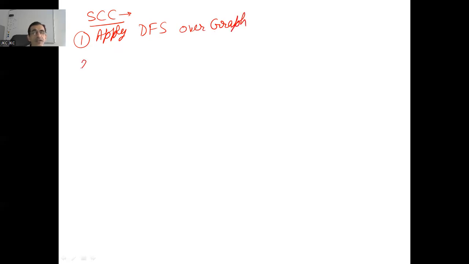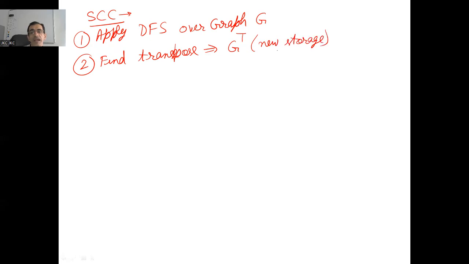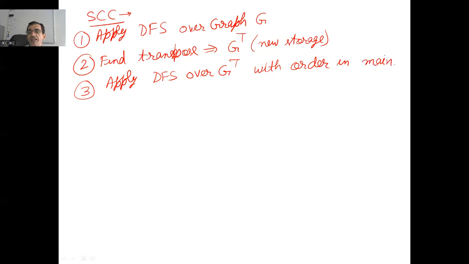The second step is to find the transpose of the graph. The transpose of the graph we show as G raised to T. So for the transpose, let's say we can generate a new storage. And then I'll say, now apply DFS over G raised to T, but with the order in main DFS to be slightly different.